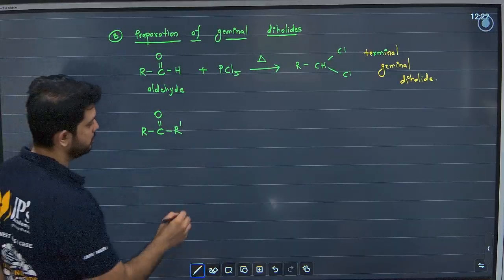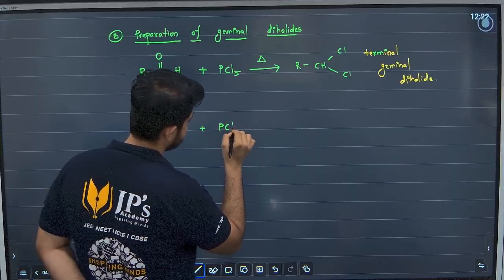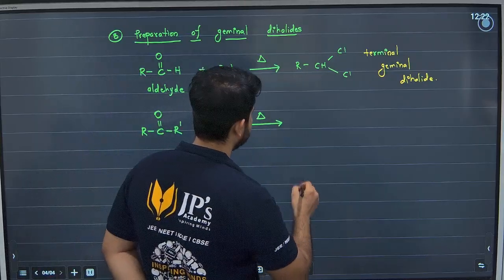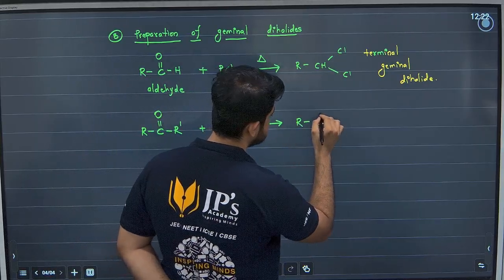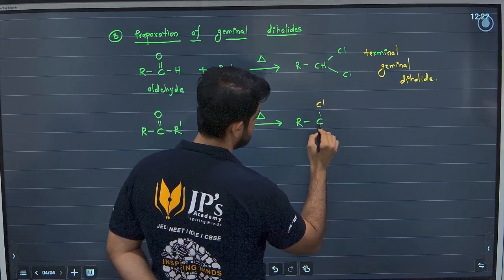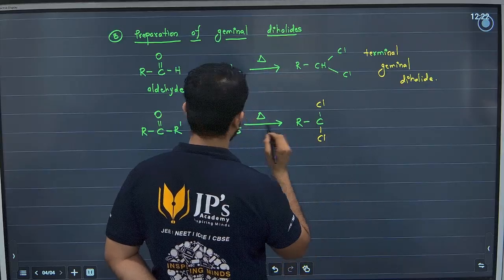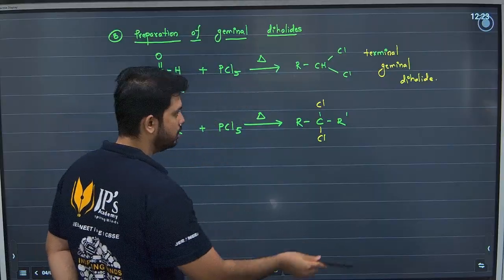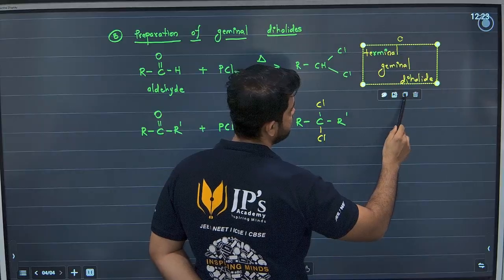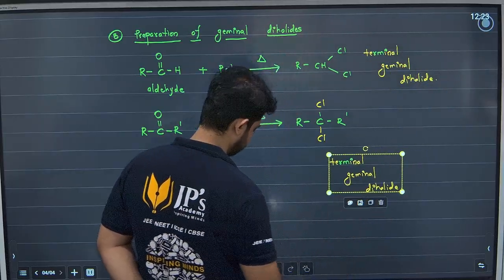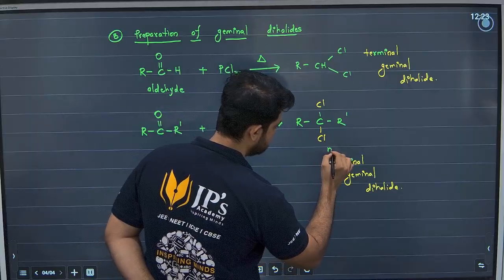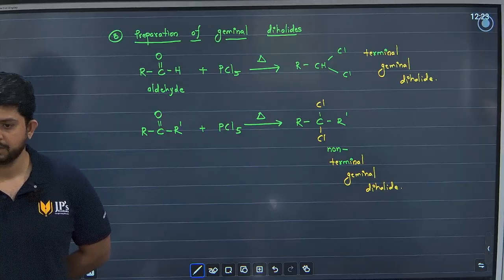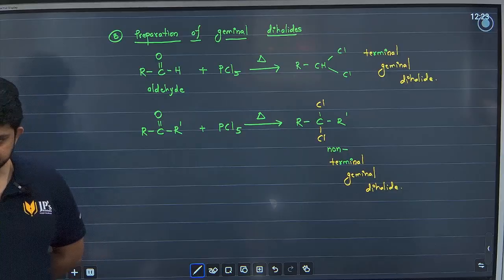If I use a ketone with PCl5, and I have over here R C, what will you call this as? A non-terminal geminal dihalide. Did people get that? Yes or no?